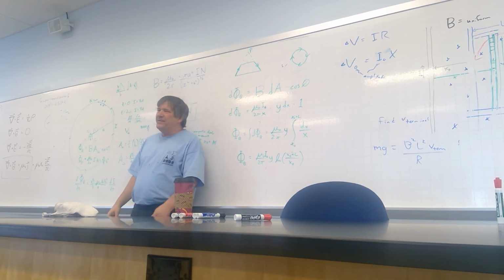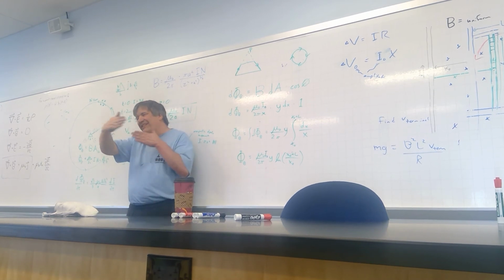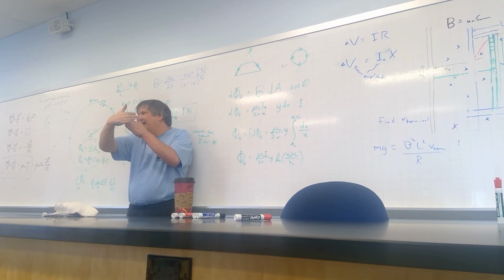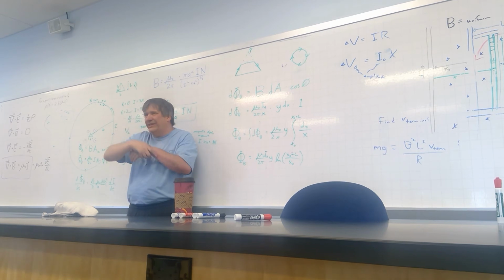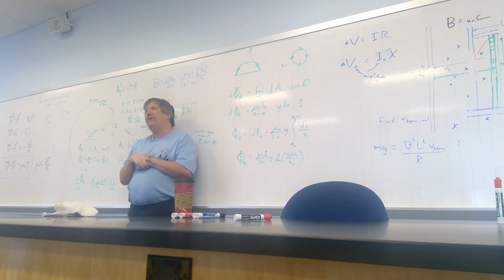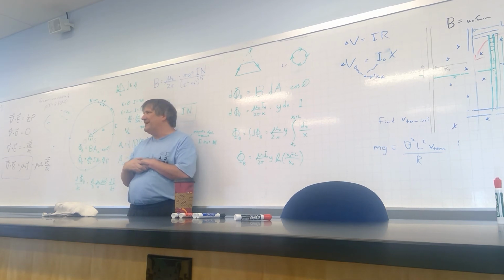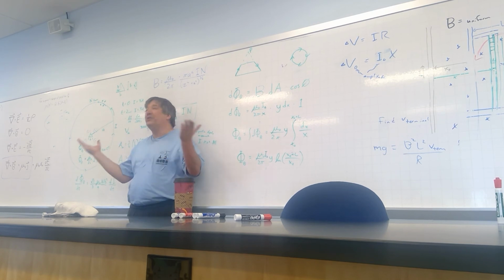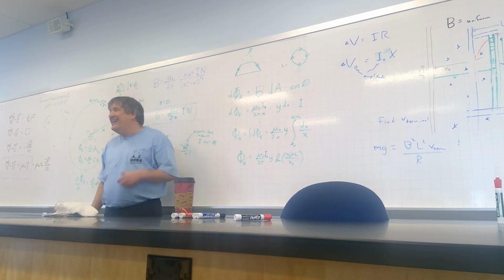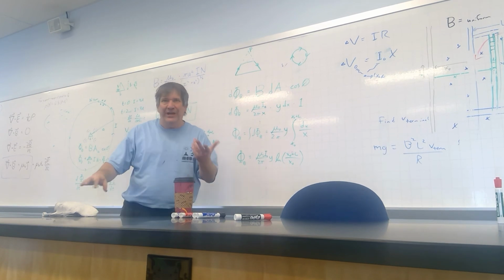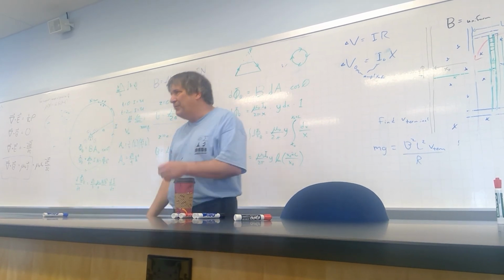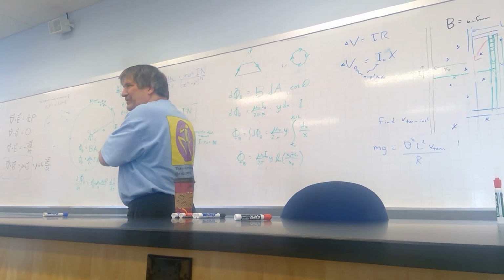A lot of times, if I wanted to give you a problem where the angle between the B field and the normal vector in my loop was changing, there is a very popular class of problems where that happens. What's the name of a device where the angle between those two things is changing? The turbine or the generator, exactly. This is how electric generators very often work: the angle between those two things is changing.